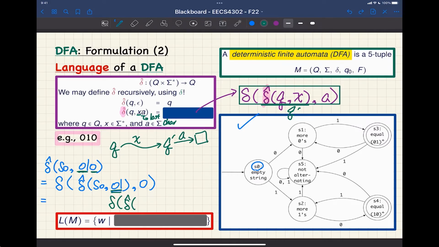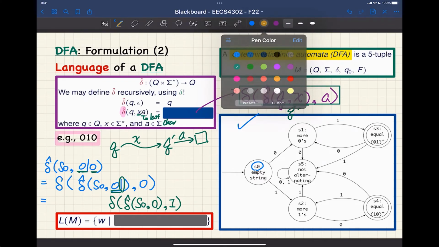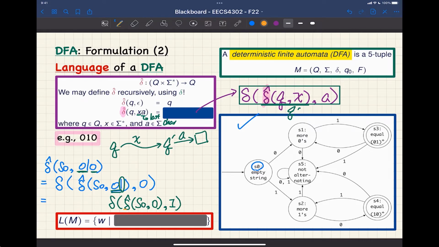So it will still be S0. And then it will take only 0 over here. And then the final character will be just 1. Okay? You've got to keep unfolding. What you need to do ultimately is to see, is this really the base case just yet for delta hat? Not really, because we're expecting epsilon. Not yet. Okay?